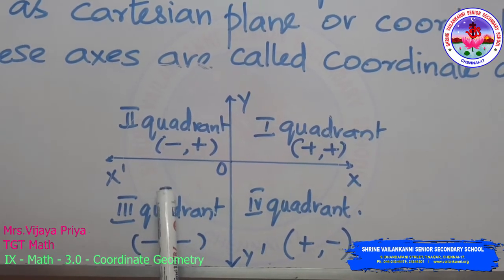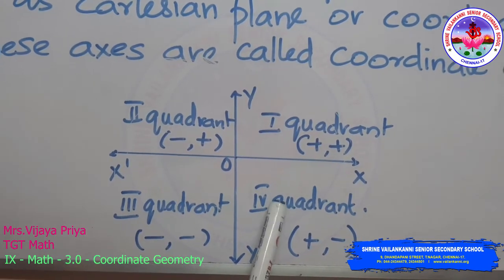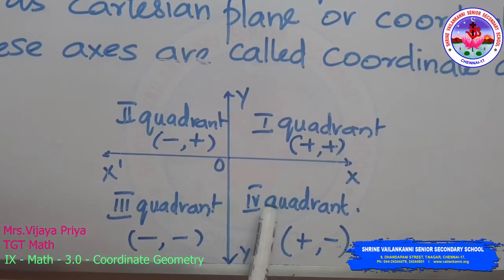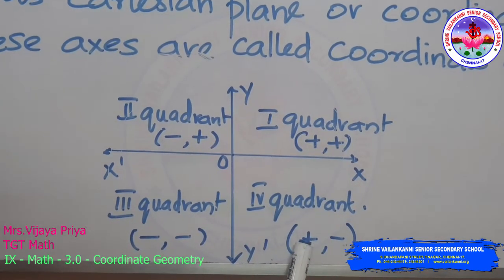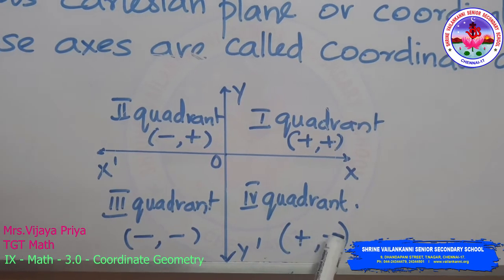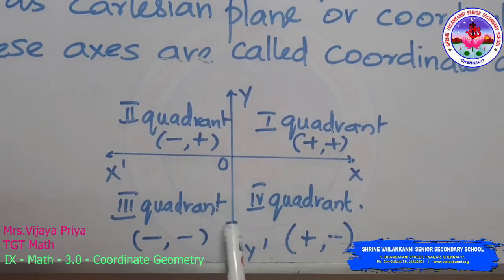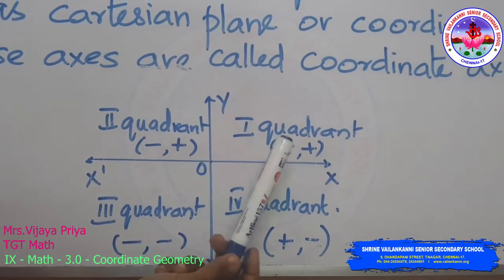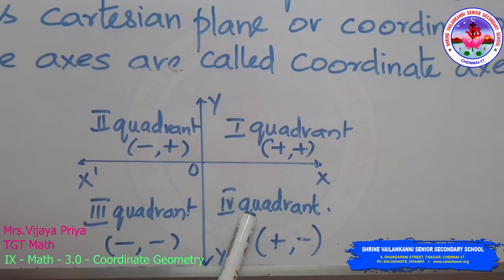In the fourth quadrant, we have positive x and negative y, where the x value will be positive and the y value will be negative. Hence these axes divide the plane into 4 quadrants: first, second, third and fourth.